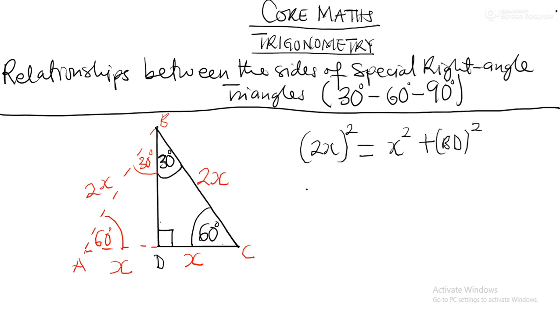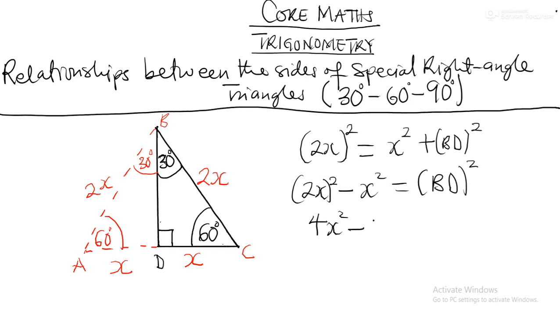So we are going to have 2x squared, okay, 2x all squared minus x squared equals BD squared. So this one will give us 4x squared minus x squared equals what?